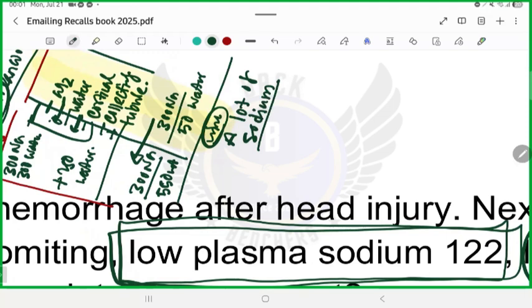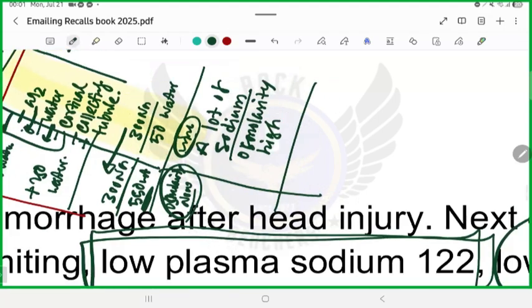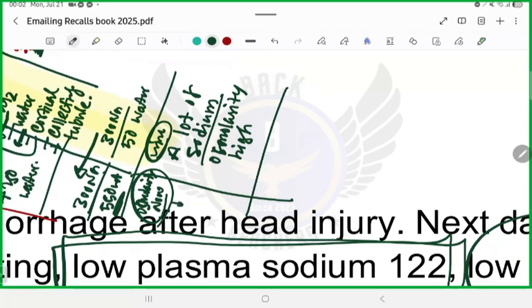So our sodium content is too much here in proportion to water. So here osmolarity will be high. And here we have the same amount of sodium but water has increased a lot. So here we have low osmolarity now. So if ADH works more, sodium is okay, but water is more.